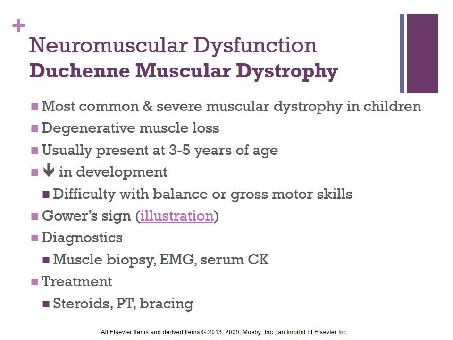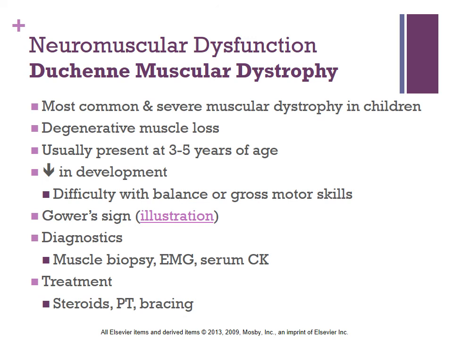Diagnostics, they'll do a muscle biopsy to check and see if there's any issues there. You may also see that they'll have an EMG, or electromyography, and this is going to test the health of the muscles and the nerve cells that control them. So it looks at the motor neurons rather than just the muscle itself. And then they're going to draw a serum CK level.